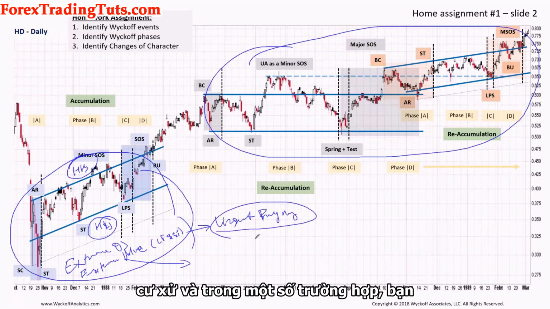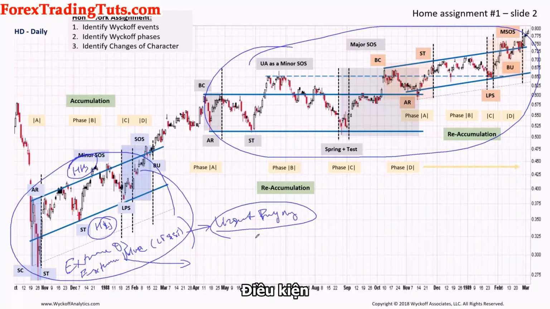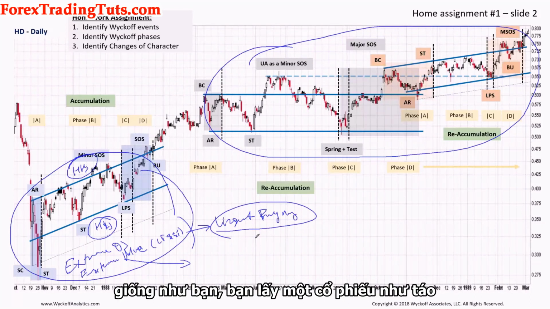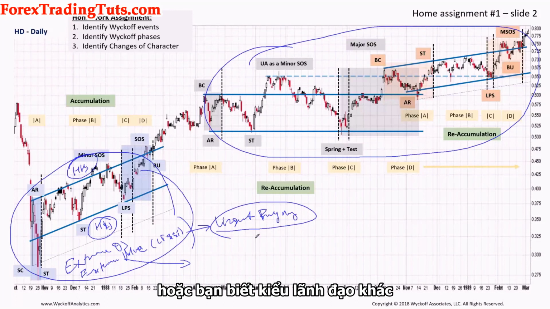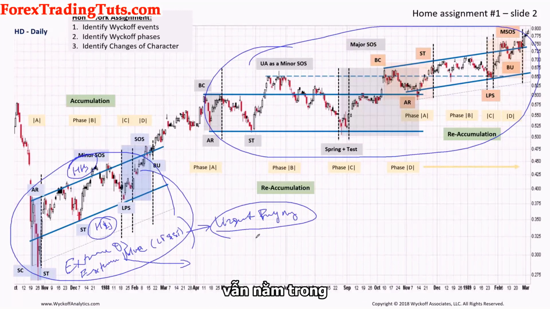In some of the cases, you see a lot of oversold conditions. Take a stock like Apple or other leadership stocks, and they decline so much in such a short period of time, but they're still within the secular structure of their campaign.